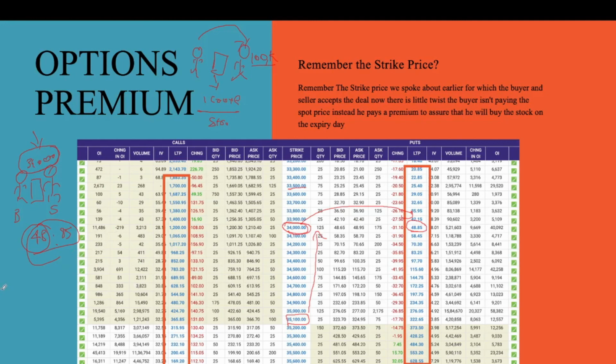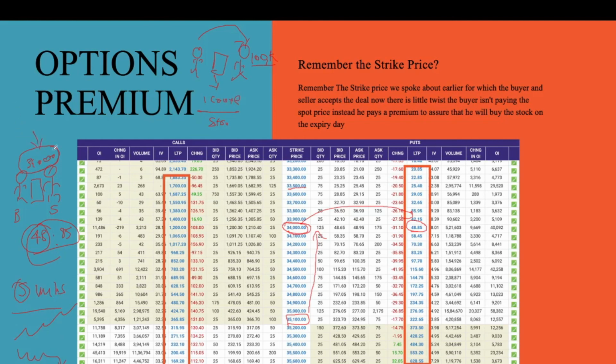So the biggest threat here is the seller always has unlimited loss, because you don't know how much the market will move, and the buyer has the chance of unlimited profit.